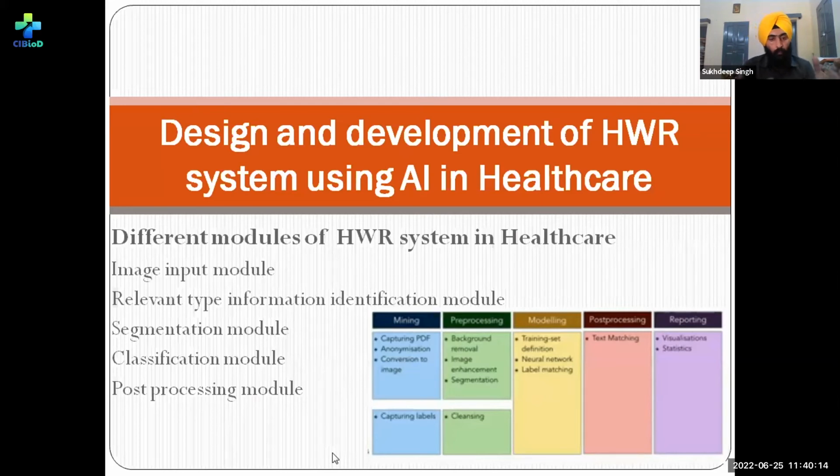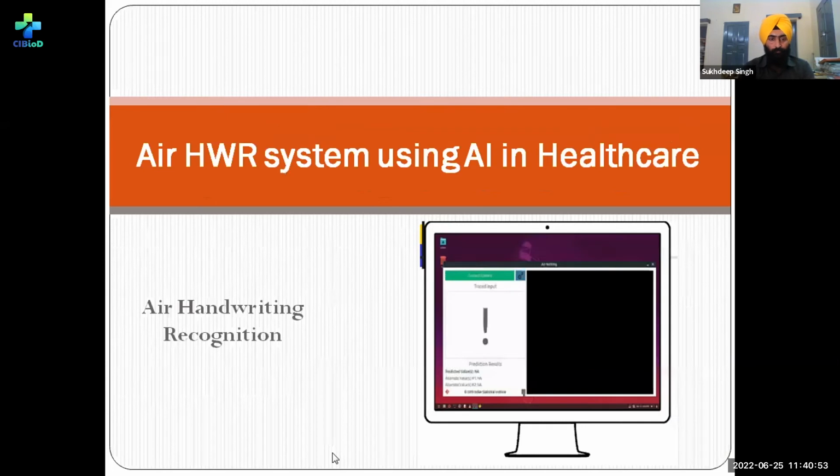After that, we divide our collected data into textual and non-textual data, and we work on the handwritten text data for further processing. Then segmentation and classification modules are used, and after that the post-processing module is used. So these are the different modules that we have to develop for any HWR system in healthcare.